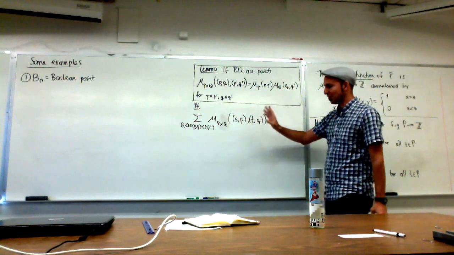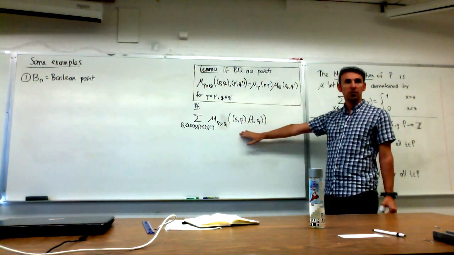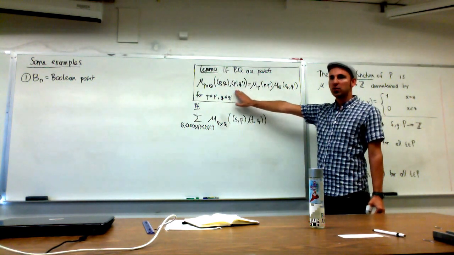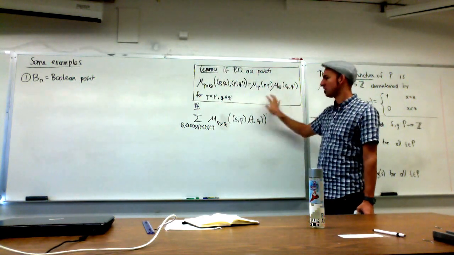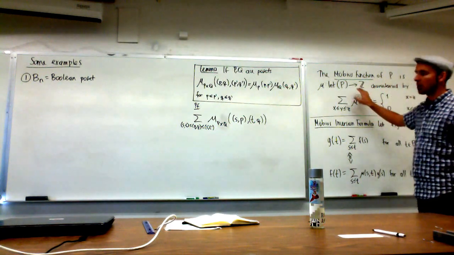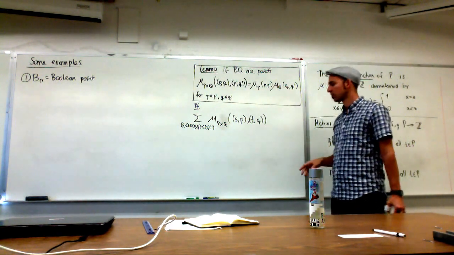I mean, sorry, it's not what I need to show. This is what holds, right? This is the definition of the Moebius function of the product. And what I want to do is replace this stuff and prove that this expression satisfies this equation. And because this equation characterizes the Moebius function, that means that the Moebius function must be this. Okay.